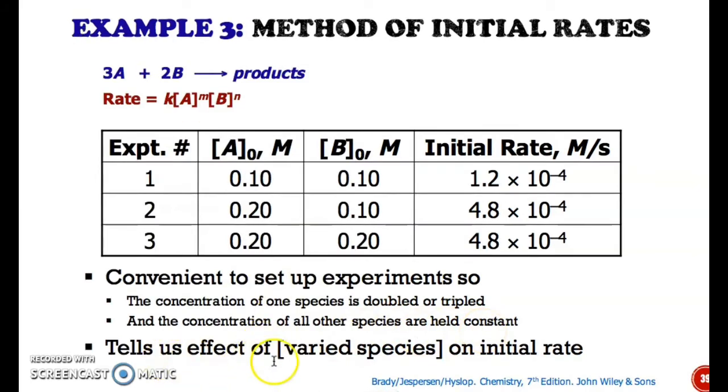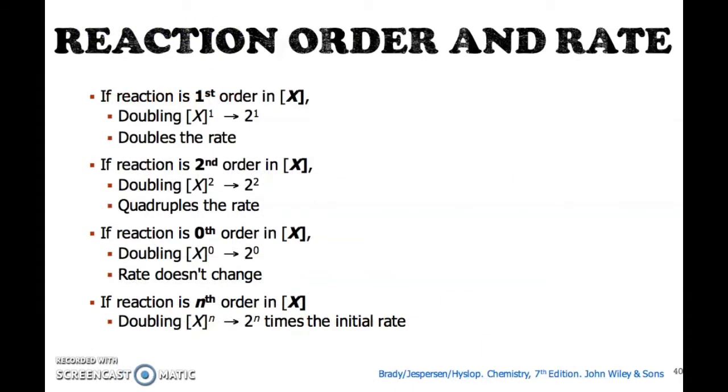This tells us the effect of the concentration of the varied species on the initial rate, the reaction order, and the rate. So if you look at this, for first order, doubling the concentration doubles the rate. If the reaction is second order, it quadruples the rate, and if the reaction is zero order, the rate does not change. And this is how you identify the reaction order and rate.